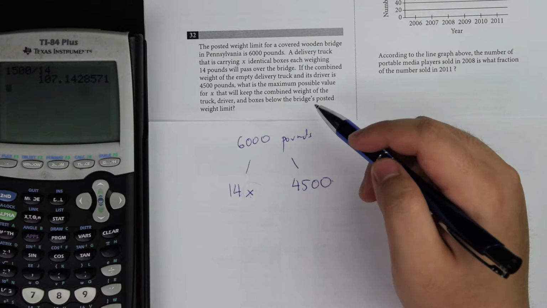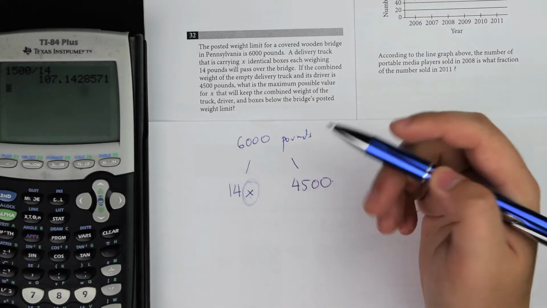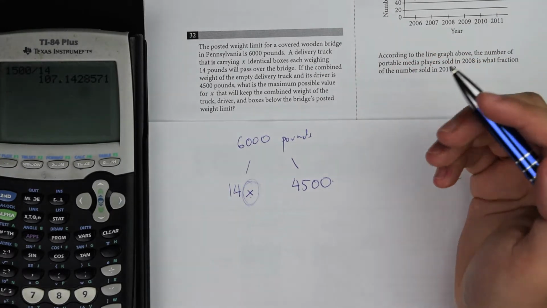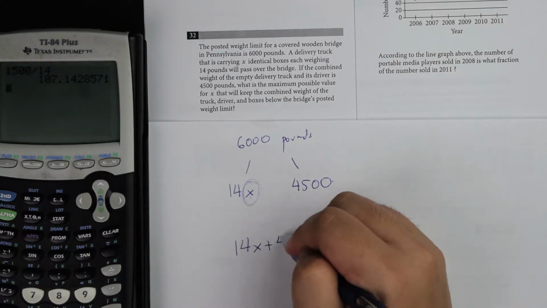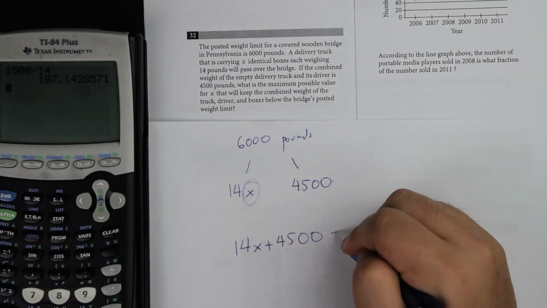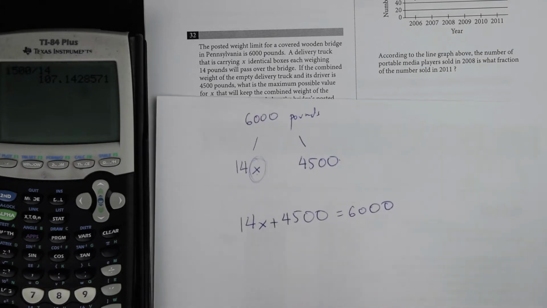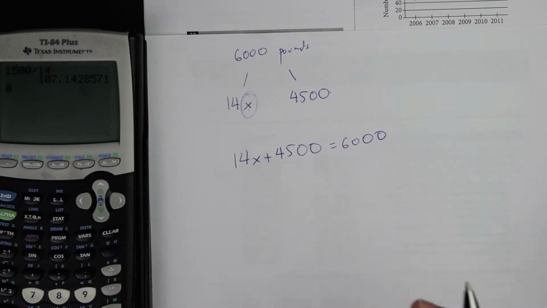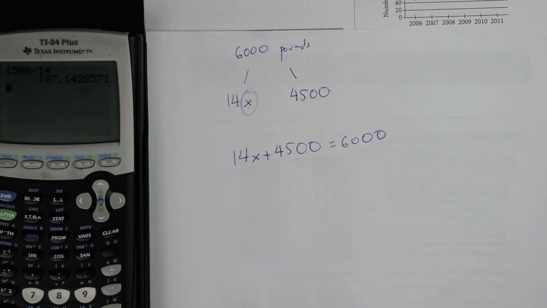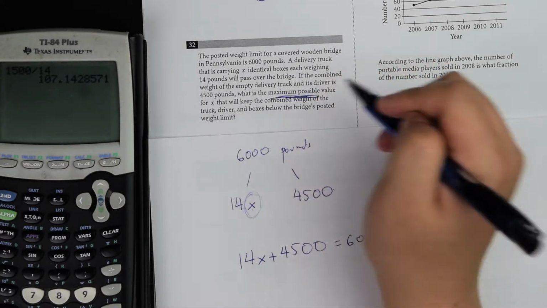And it asks me what is the minimum number of X, aka this is the minimum number that's possible for us to fit it. And so in a sense, what the equation that you should have gotten was 14X plus 4,500 equals 6,000. And so this equation will let you know how to sustain the limitation, aka what is the number of boxes possible before we get overweight, because it asks for the maximum possible value.